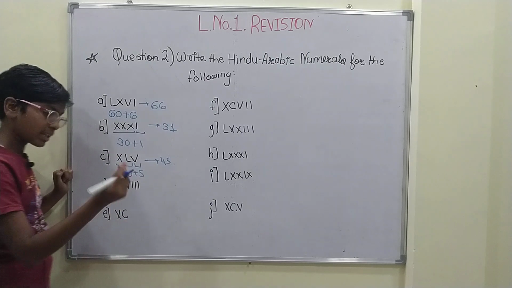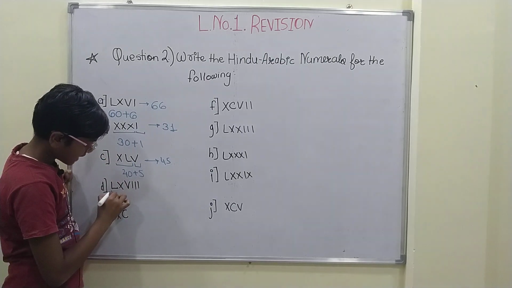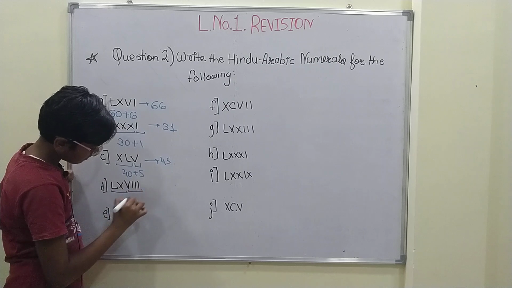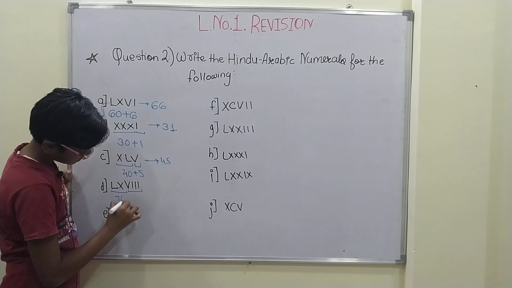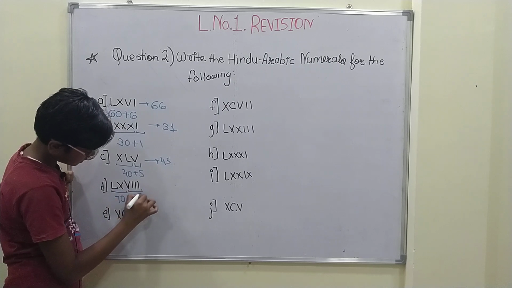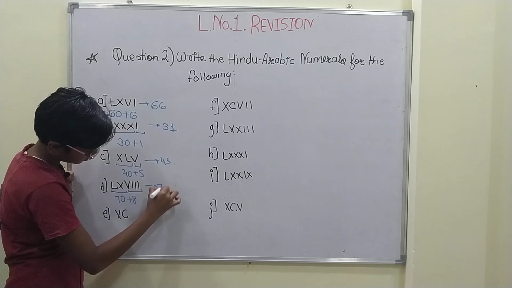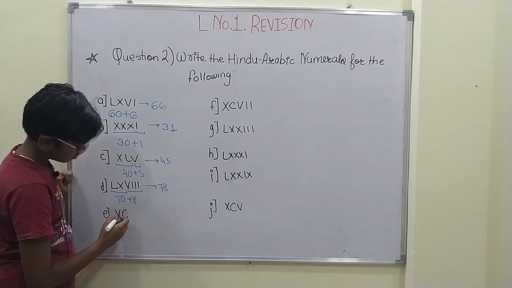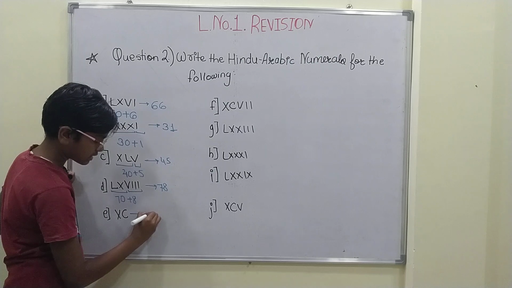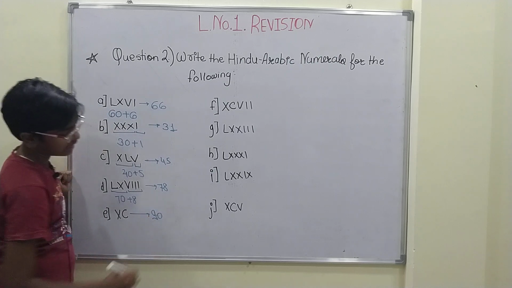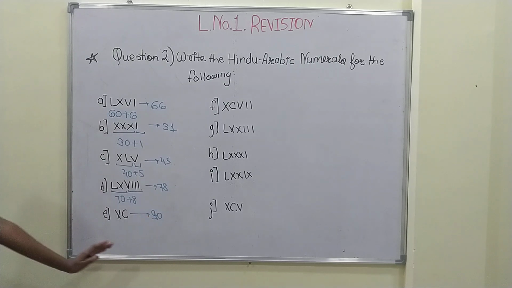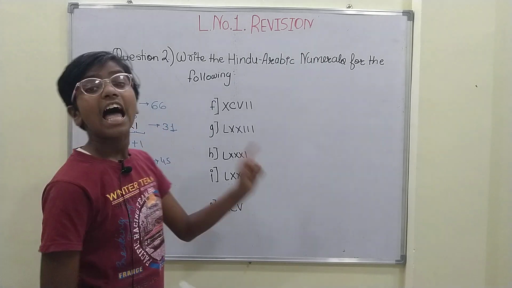45. Next, LXXVIII, 70 plus 8. XC means 90. Understood? Let's see the next example.